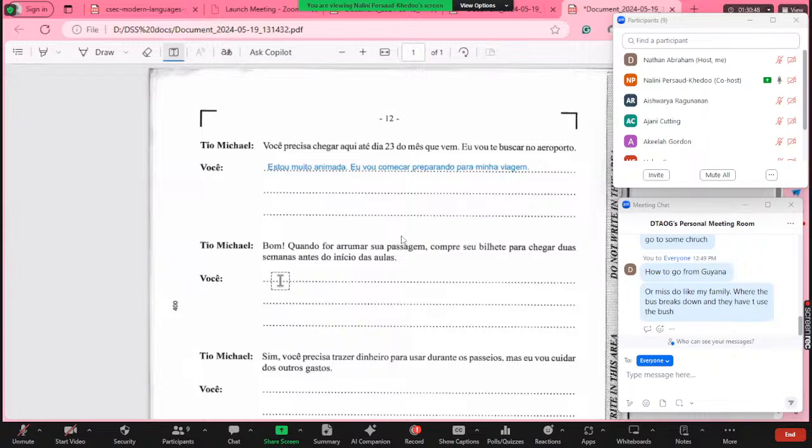So basically, the uncle is saying, good, he's going to arrange for the passage and the ticket, and that he has to arrive 2 weeks before he starts class, before the initial class. Right? He's got to arrive 2 weeks before he actually begins.